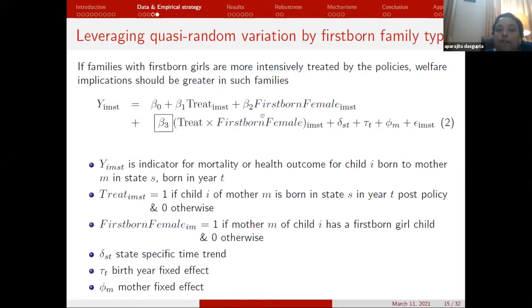This firstborn female variable is defined for the mother of the index child I, for whom we are studying the outcome. And then we are able to control for state specific time trends, mother fixed effects, birth year fixed effects. So the coefficient of interest is again with the interaction term, beta 3.